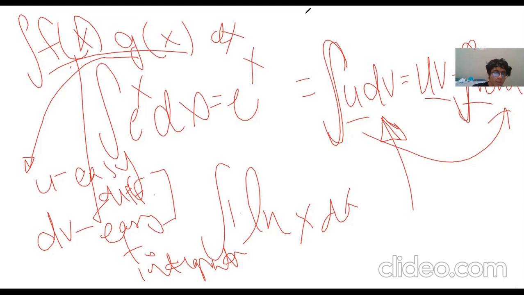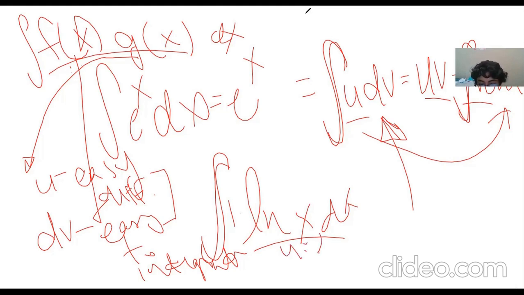Although we don't know what the integral of natural log of x is, hence the problem is the integral of natural log of x. So let's not integrate that, because we're deriving a formula from this. We don't even know what the integral of natural log of x is yet. So we have to use this as our u because it's easy to differentiate, not integrate.